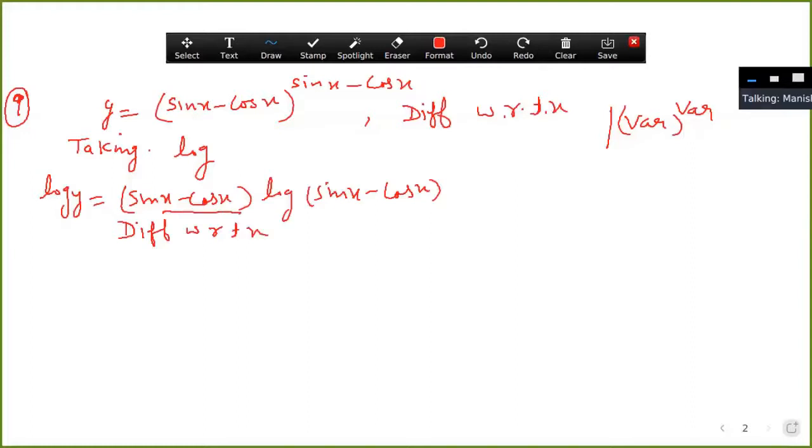This is the first function, this is the second function. It means the product of two functions is given to you. Apply the u into v rule.